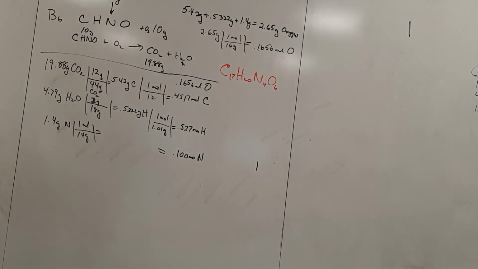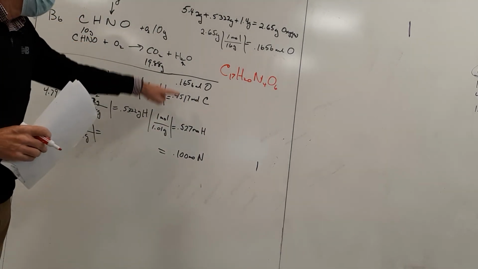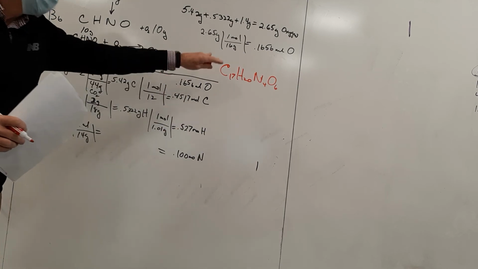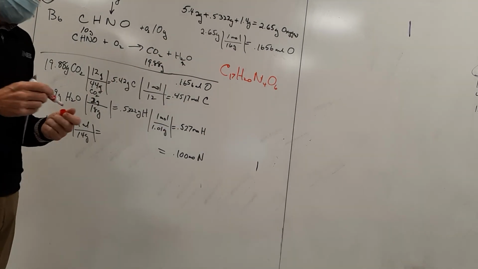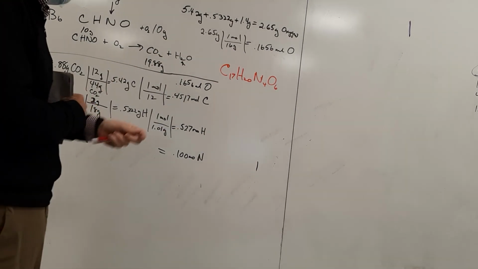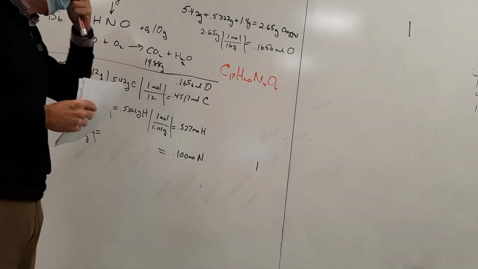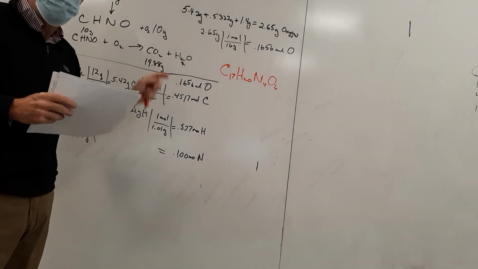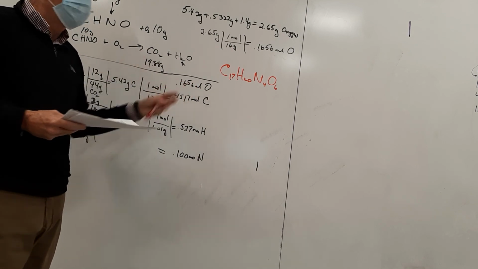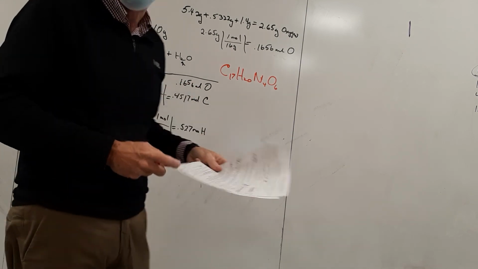Now, O and N are small, so that makes sense. I wouldn't expect you to come up with that. It's just the whole idea of how to solve these problems, how to figure out how many grams you have, and then use the whole process of solving your empirical formula.